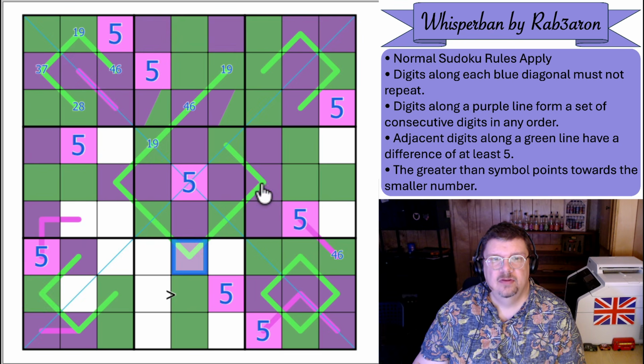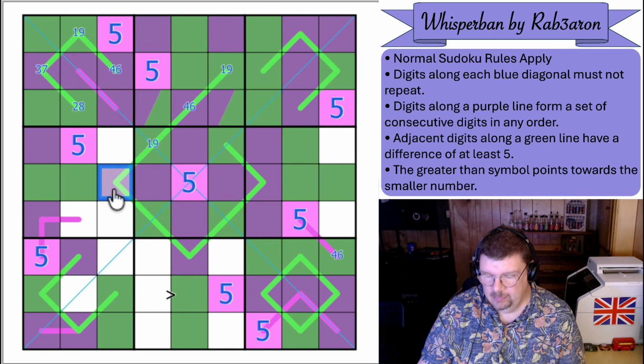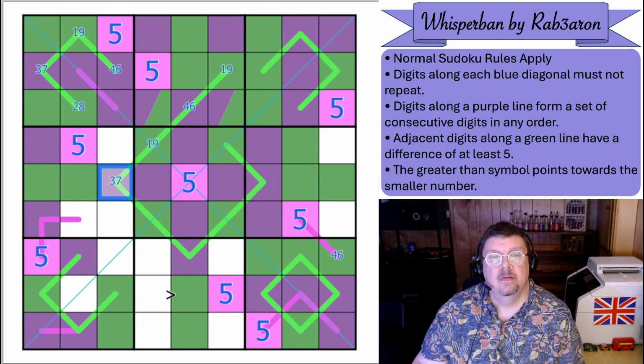One of these is a 3 or a 7. But let's just think of it if it was 7. If this was 7, that would have to be a 1, 2 pair, and that would break, because that would have to be a 1 as well. So that has to be the 3 or 7. Purple 3 or 7. And that means that this is 2 or 8.